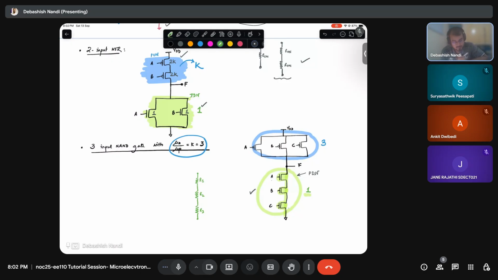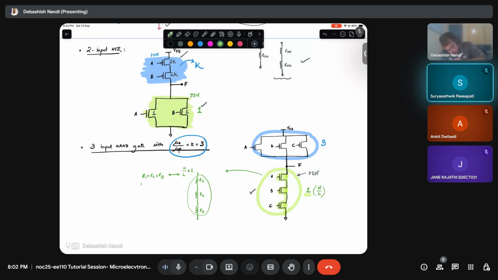So R1 plus R2 plus R3 should correspond to W by L equal to 1 of the overall thing, right? Do you understand this much? Yes, sir.